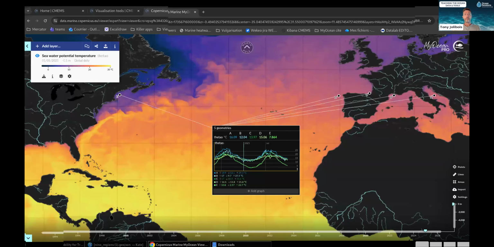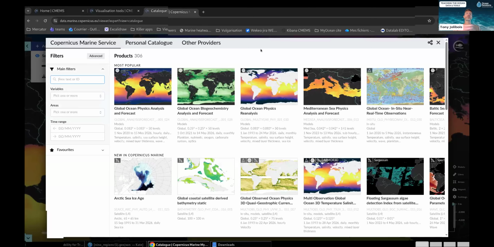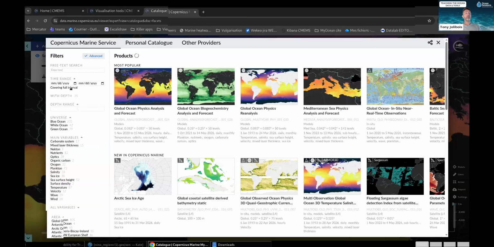A big difference with My Ocean Lite is that when you want to navigate in the data, you click here on Add Layer, and you reach all the Copernicus Marine products, meaning more than 300 products. So it can be quite difficult to find your way around.